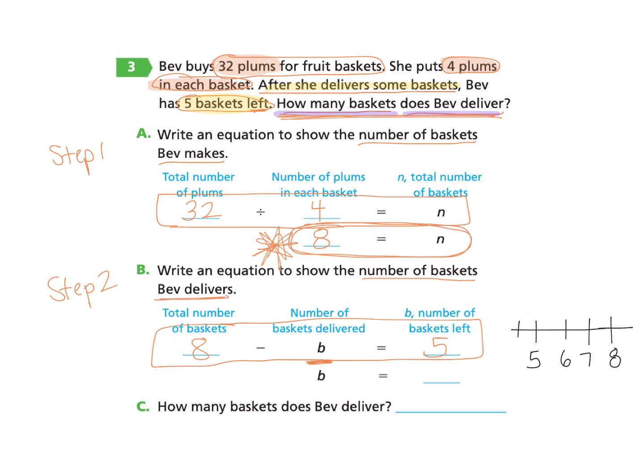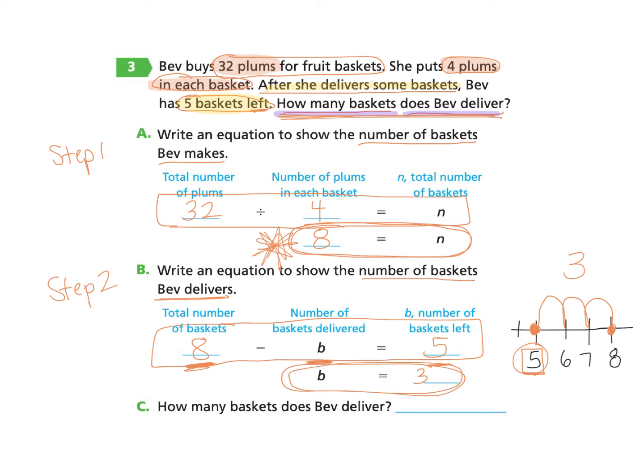So that means I will be starting at the number 8, and I am going to be taking away one number at a time until I reach the number 5. So here we go. 1, 2, 3. This is where I stop because this is where the number 5 is. So I know that B equals 3.